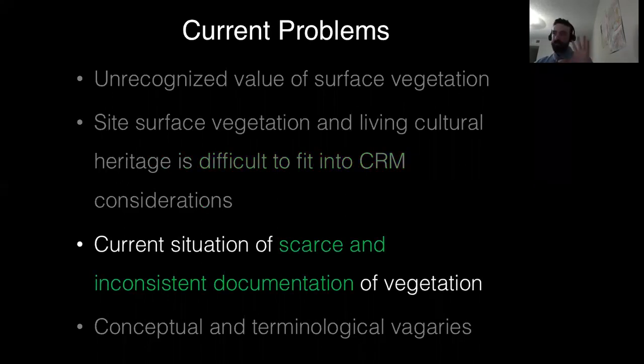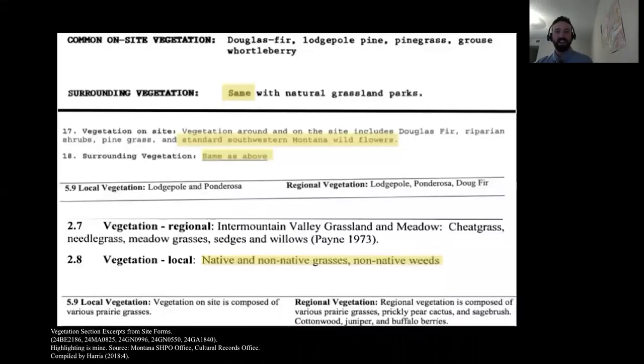Springboarding on the issue of scarce documentation, I highlight here with this picture a site form in Montana, where I highlighted in yellow the interesting choices of words, and this is a common issue across the country.